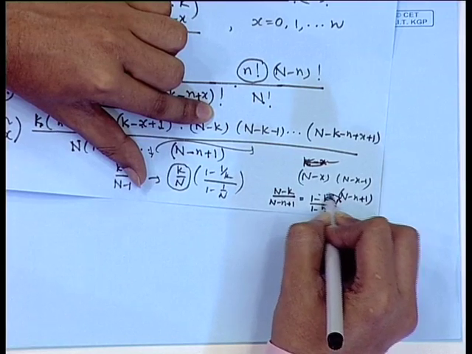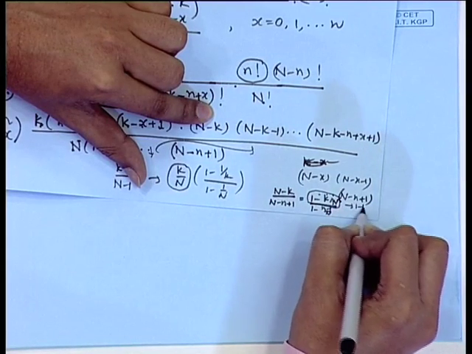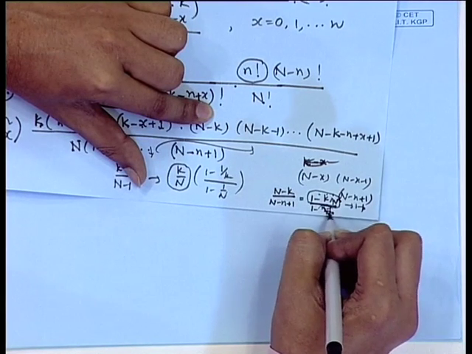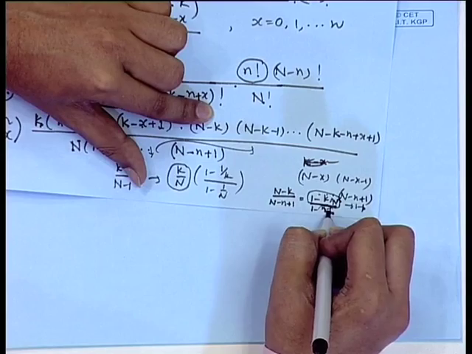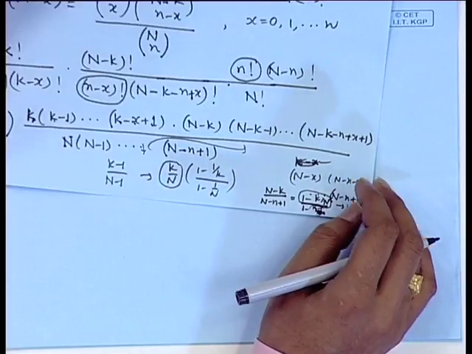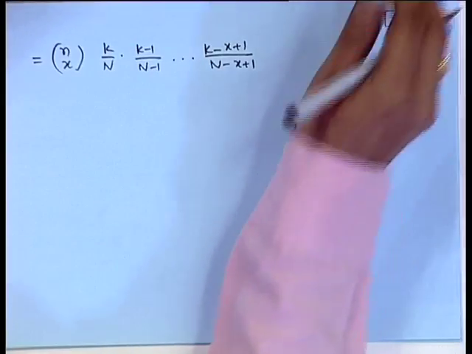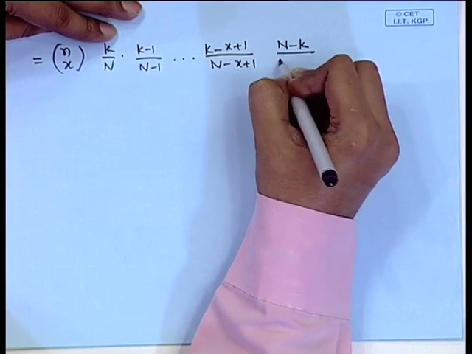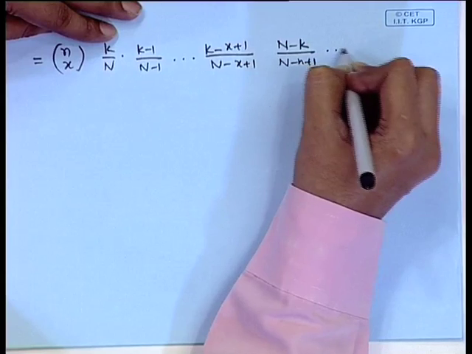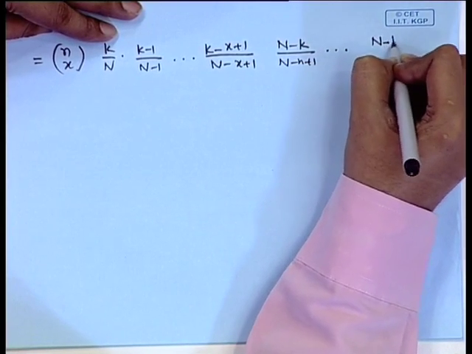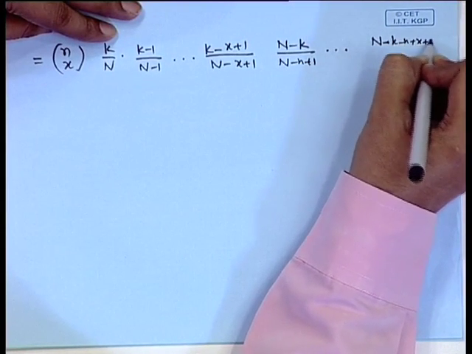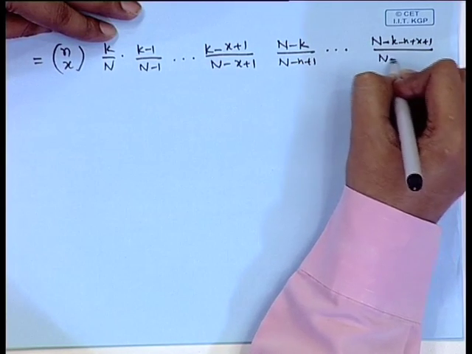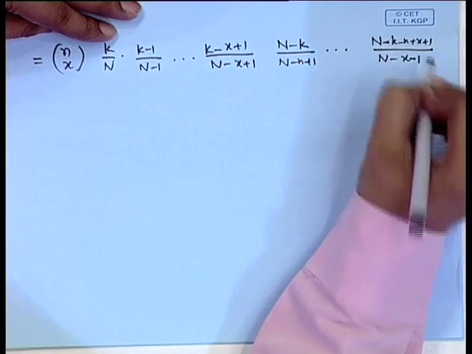So, as n tends to infinity, this goes to 1 minus p, and n minus 1 by n goes to 1. Therefore, we can adjust the terms like n minus k divided by n minus n plus 1 and so on up to n minus k minus n plus x plus 1 divided by n minus x minus 1.